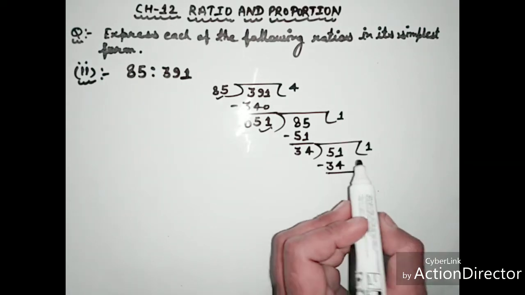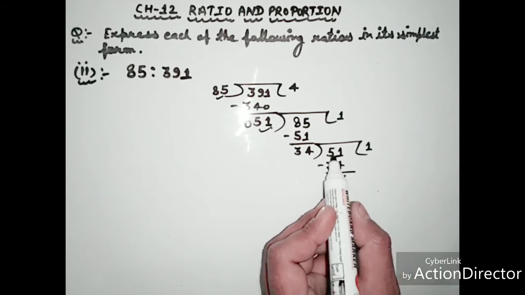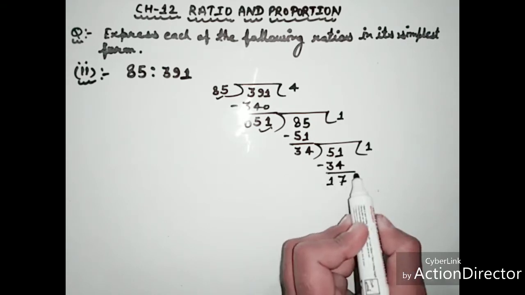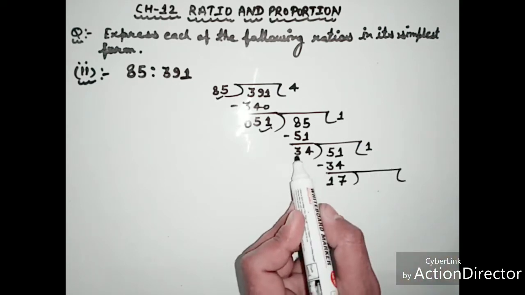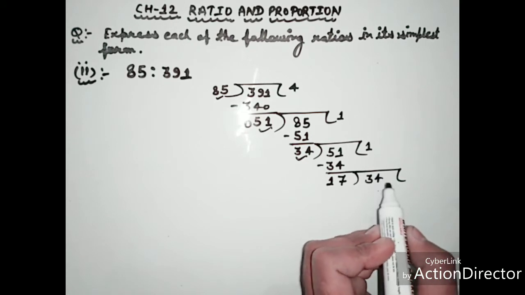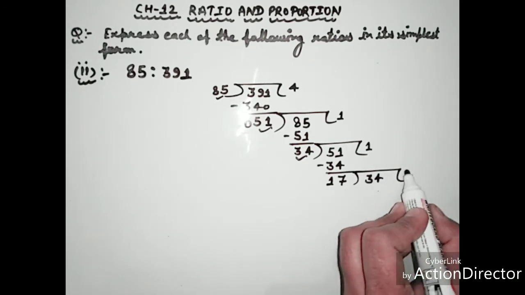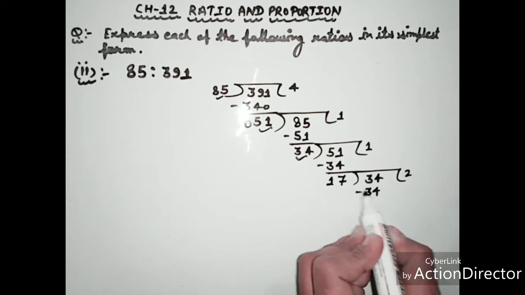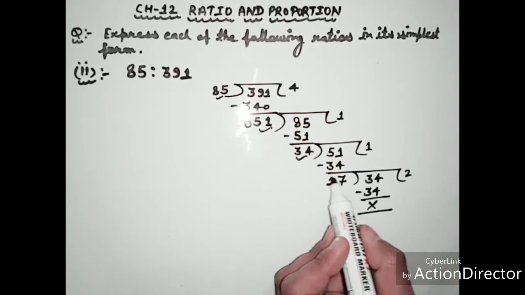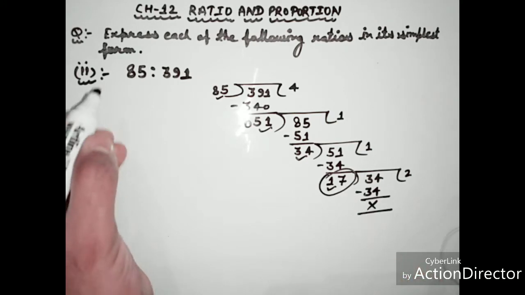Then 11 minus 4, 7 and 4 minus 3, 1. Now this divisor takes place as dividend here, and 17 ones are 17 and 17 twos are 34. Now here we get the last divisor 17.